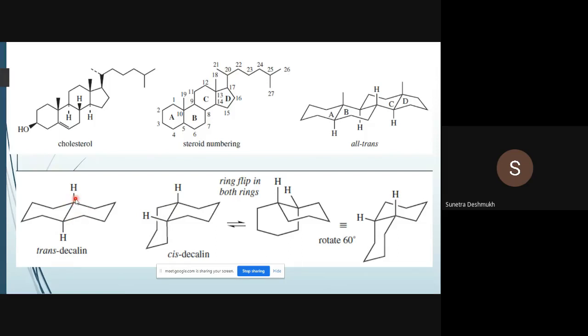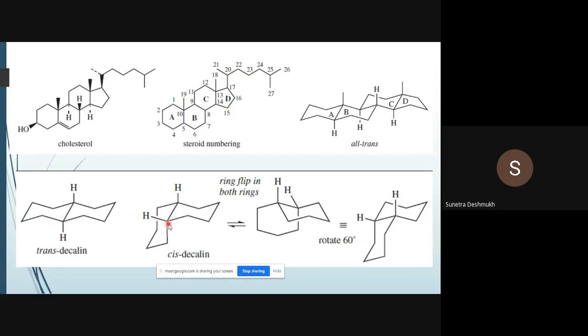That's why the two hydrogen atoms at the bridgehead carbon atoms become anti to each other, pointing opposite to each other. But here, as one of the carbon-carbon single bonds becomes axial, the orientation of this hydrogen is changed from axial to equatorial.